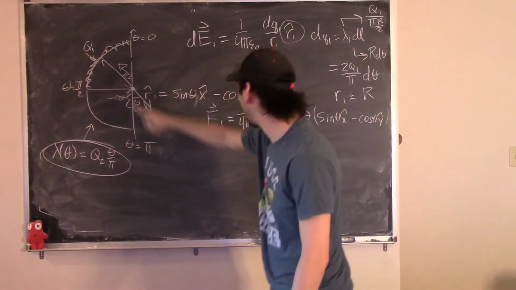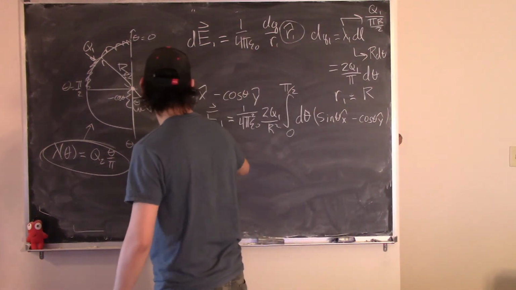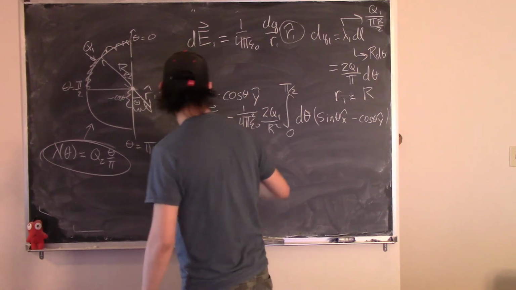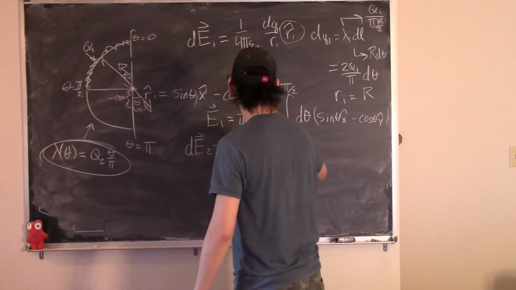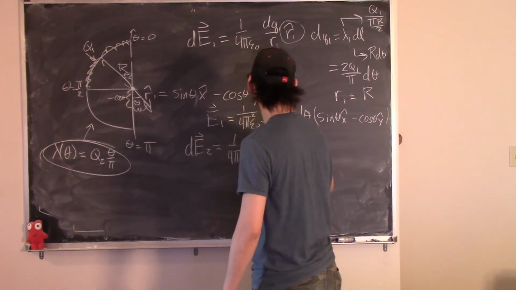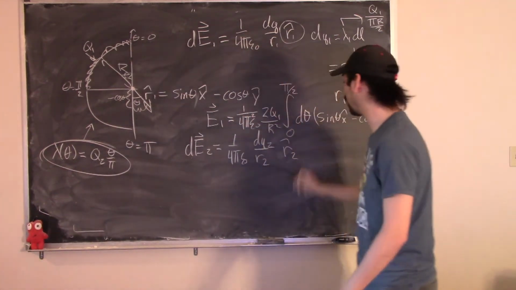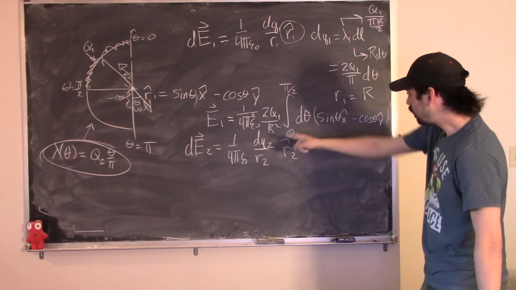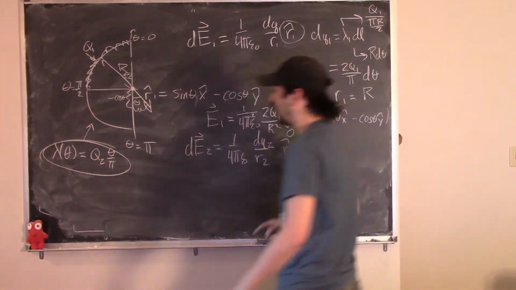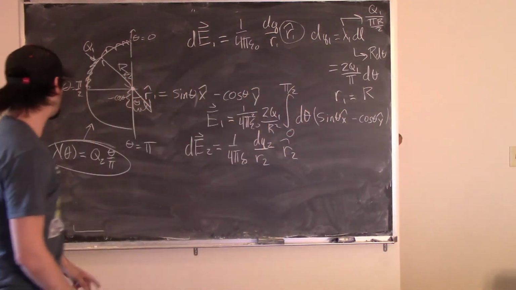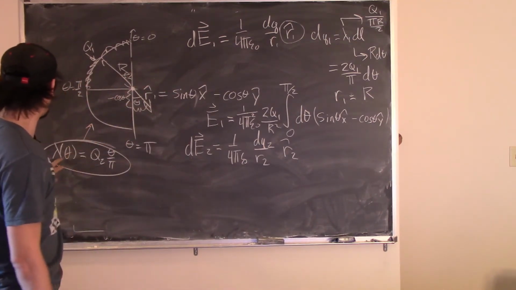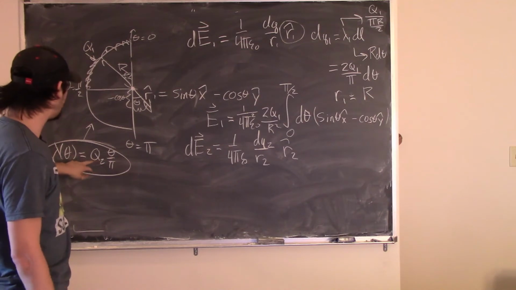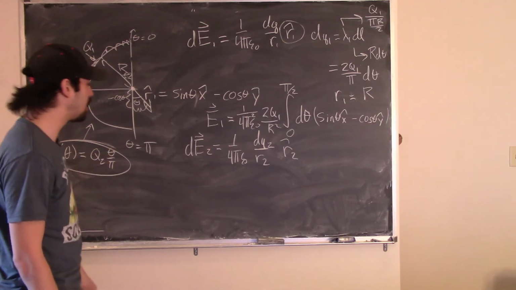So to look at the second part, when I'm looking at dE vector 2, this is equal to 1 over 4 pi epsilon naught dq2 divided by r2 times r hat 2. Okay. So dq2, again, is just going to be lambda times dl. The dl is going to be the same because it's still the arc of a circle. But now lambda is this function that I have. This is q2 theta divided by pi.